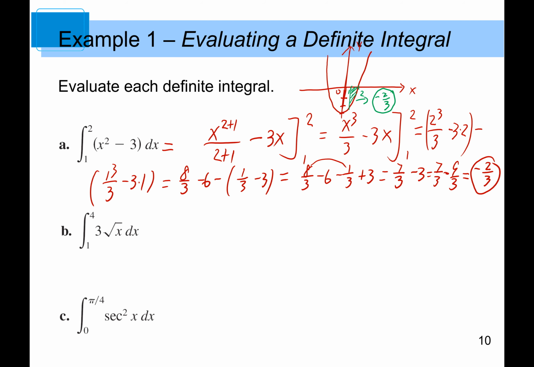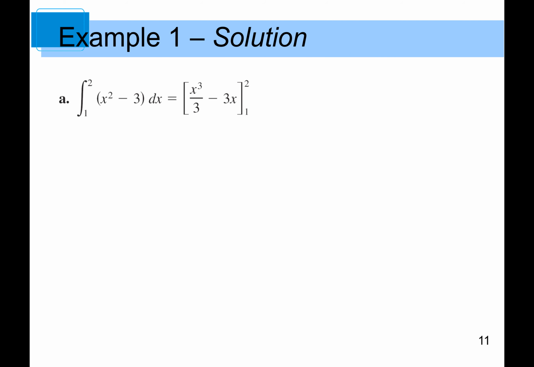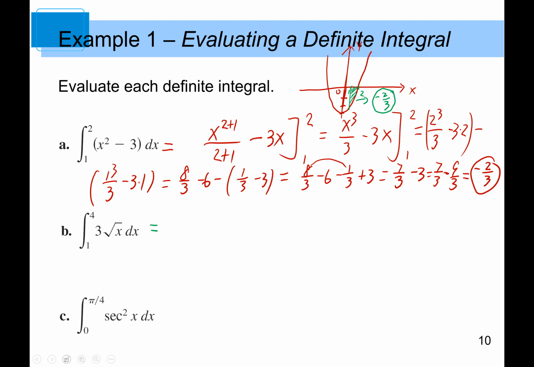Alright, let's take a look at the second example. Right here you divide it a little bit, it becomes 3, and the square root of x becomes x to the half. Now apply the power rule.